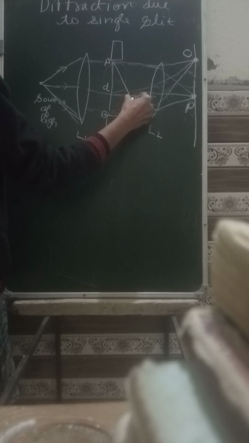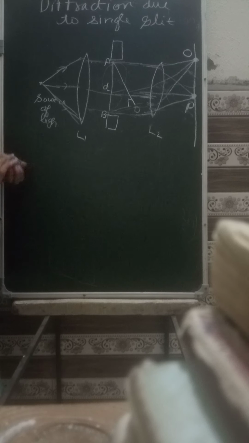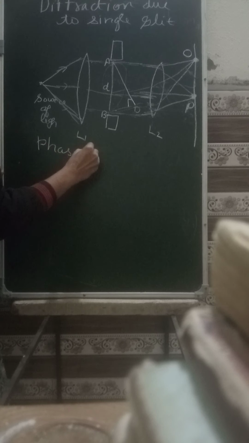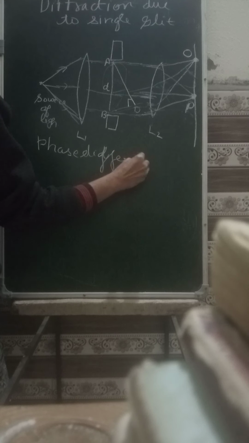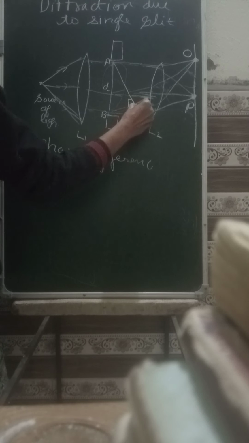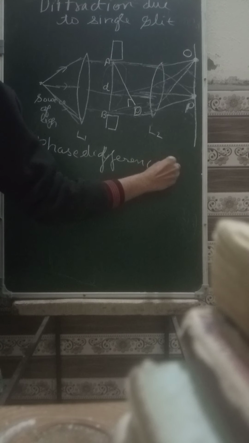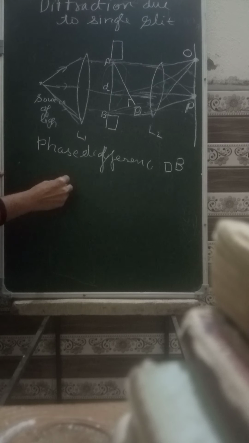let's take a triangle. This is AB and over here we draw a perpendicular and call it point D, and this dB is the path difference. Now how can we take out this dB?